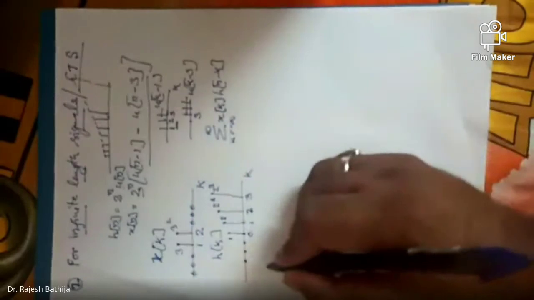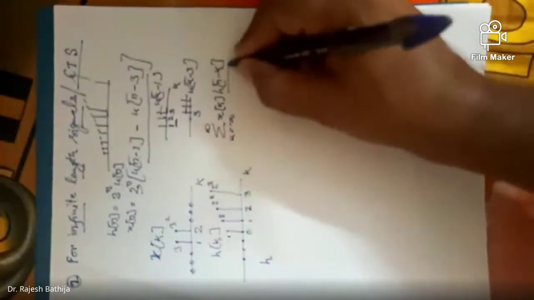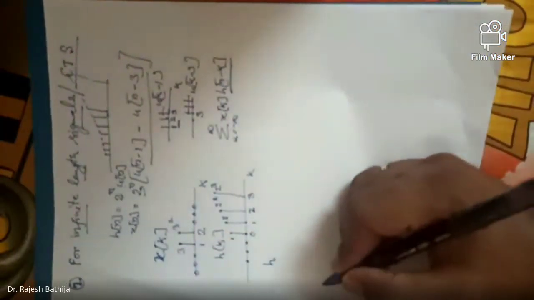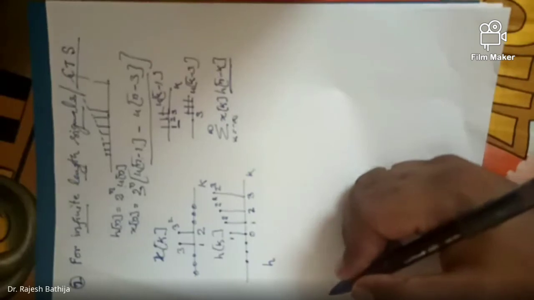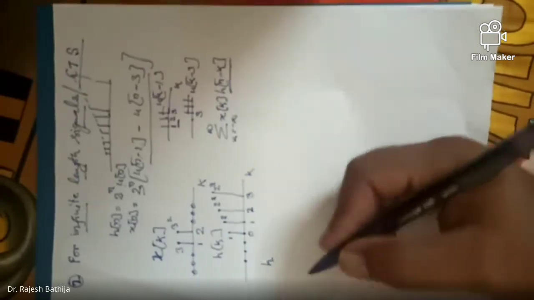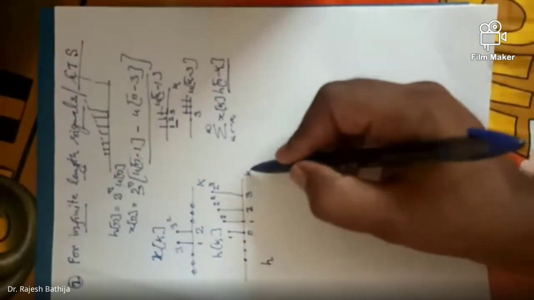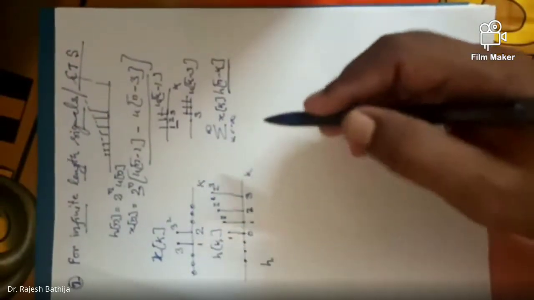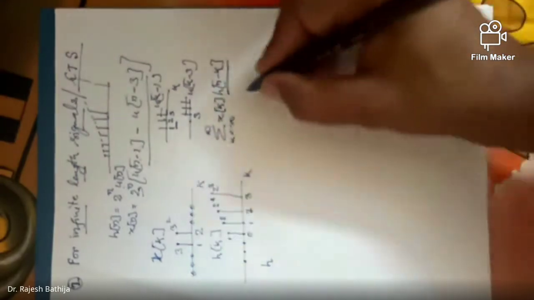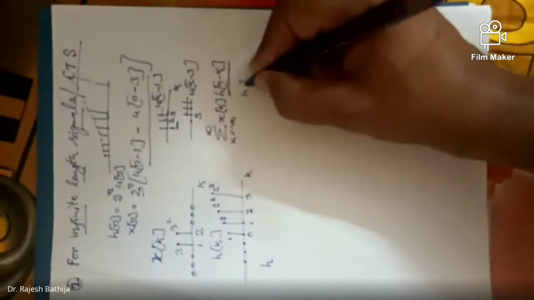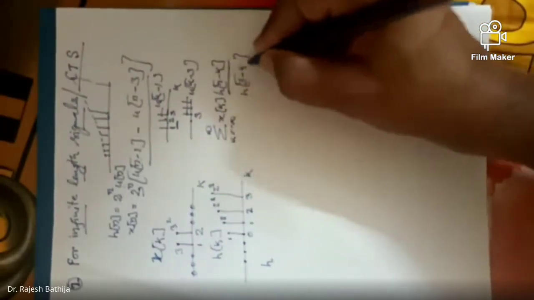Second is to find this value h of n minus k. Now here the variable is k and n is simply a constant here. n is not a variable here because we have changed the variable to k. Now h of n minus k, for example, h of 3 minus k, I have to plot, suppose. Then time reversal.